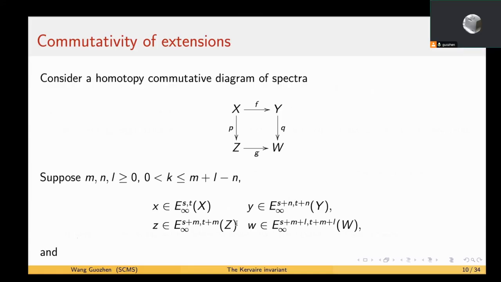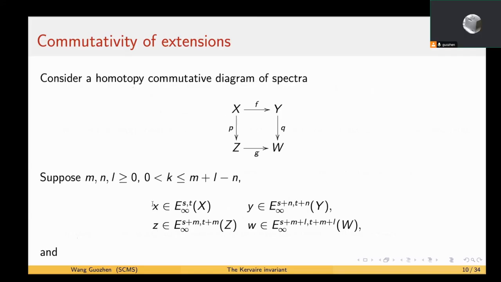And using the no crossing condition, we have a commutativity of extension spectral sequences. So we consider a homotopy commutative diagram of spectra like this.